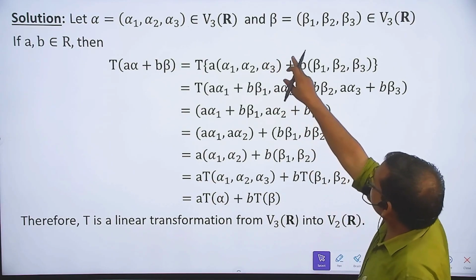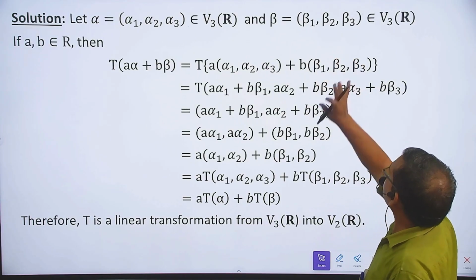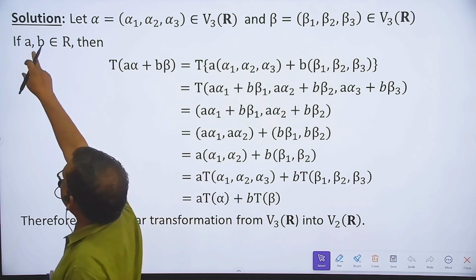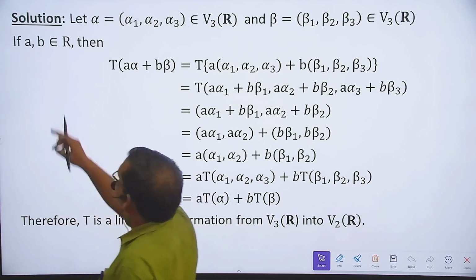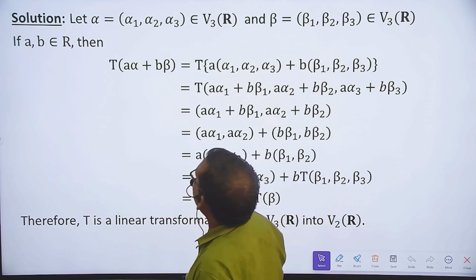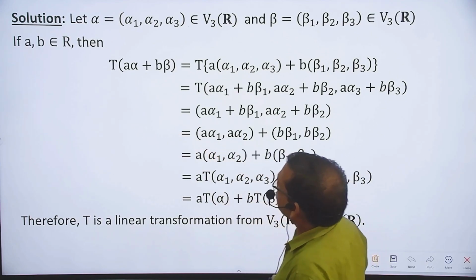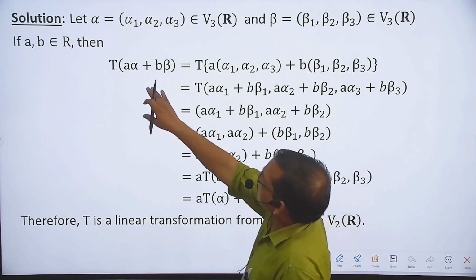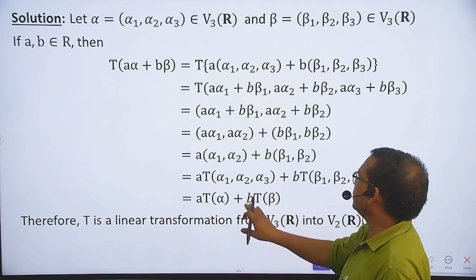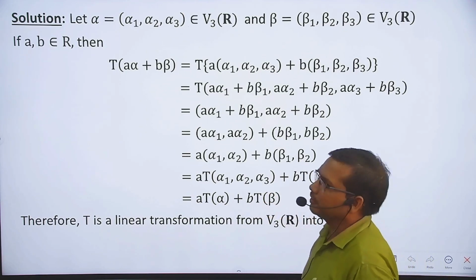And take another vector beta with three components, beta 1, beta 2 and beta 3, belonging to V3 R. And take two scalars a, b belonging to the field R. Then if we show that transformation of A alpha plus B beta equals A transformation of alpha plus B multiplied by transformation of beta, then T will be linear.